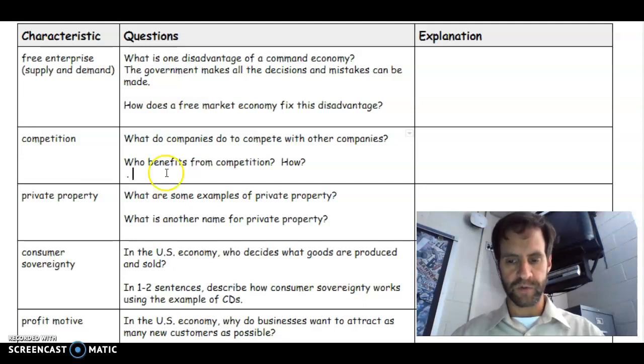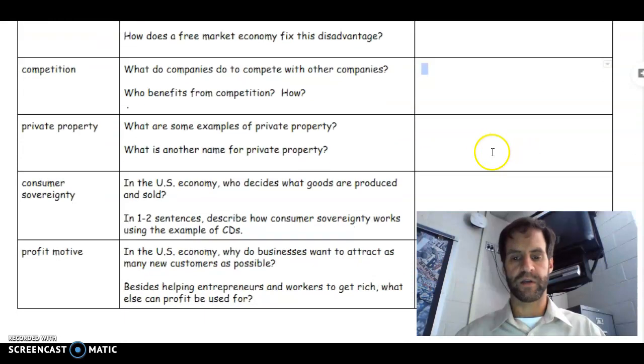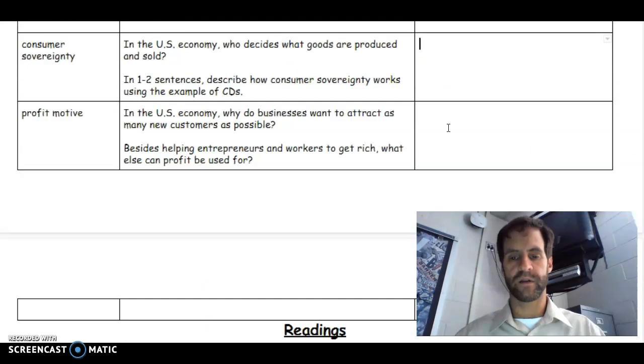Once you have answered all of these questions, come over here to this column and give me an explanation. How would you describe to somebody what free enterprise means? Over here. How would you describe competition to somebody? Put your explanation over here. And the same for private property, consumer sovereignty, and profit motive. Do it.